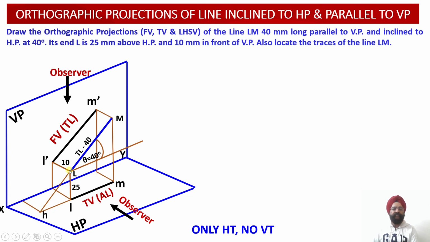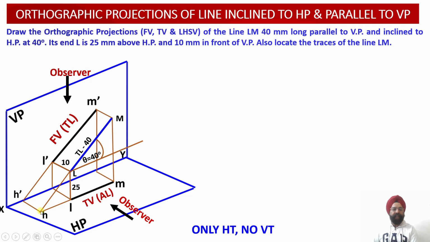Once this perpendicular projection meets the XY reference line, we obtain the point H dash, which is otherwise the extension of the front view projection L dash M dash corresponding to the line LM. If we extend this line L dash M dash, it is going to meet the XY reference line at the point H dash over here.